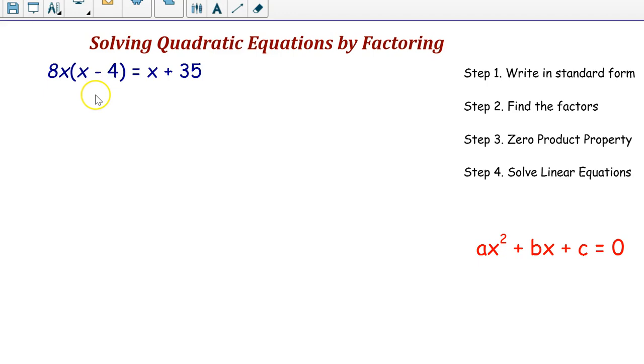But if you take a minute and try to bring it into the standard form, then afterwards other steps will just follow, like finding the factors and then making use of your zero product property, getting two linear equations and solving them to get the value of x.